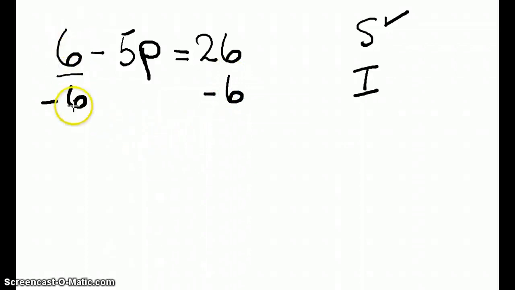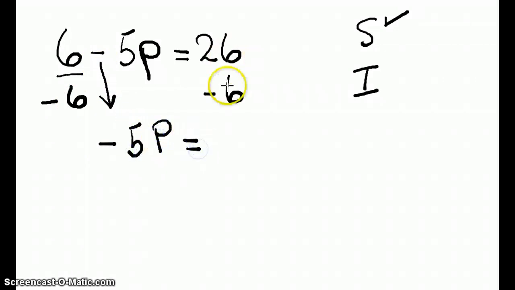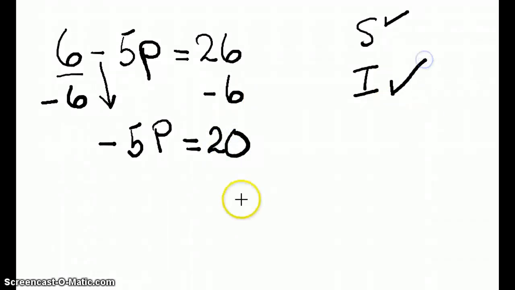Well, this goes away. What is left? Do not forget the negative. Negative 5p equals 26 minus 6 is 20. Is my variable isolated? Yes. And my last step, divide. Okay. Well, I want to make my answer a positive p.